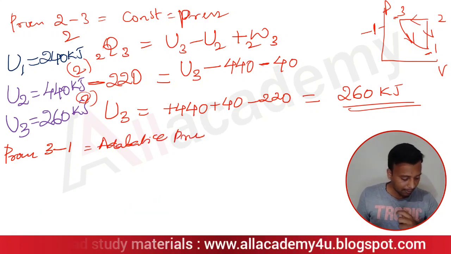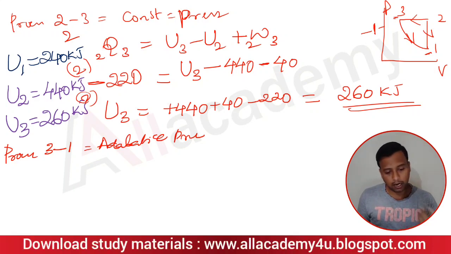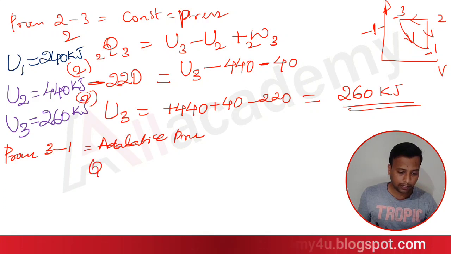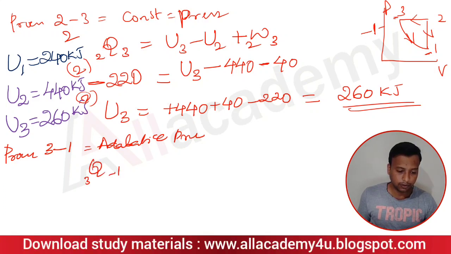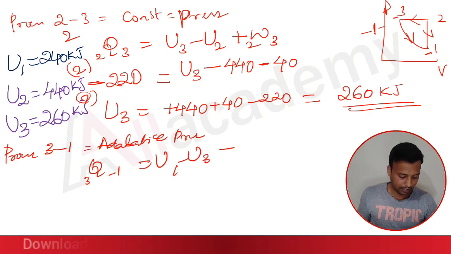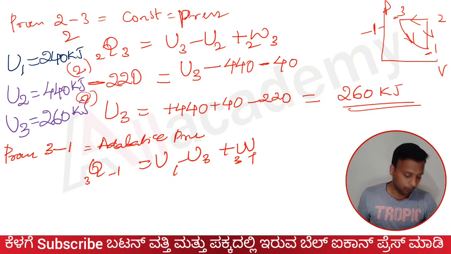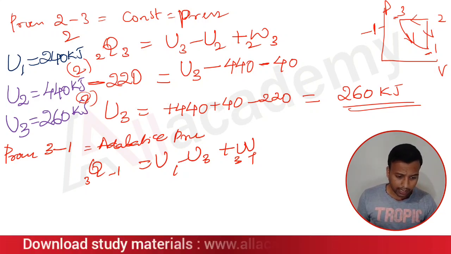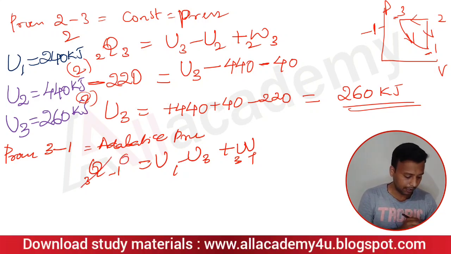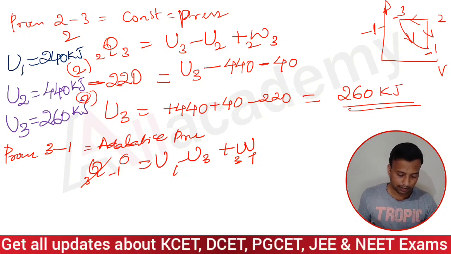Now in an adiabatic process, we already know that the quantity of heat transfer will be 0. From the first law of thermodynamics, Q3 to 1 will equal U1 minus U3 plus W3 to 1. Now in an adiabatic process the heat transfer will be 0, so I'll just rewrite it here.